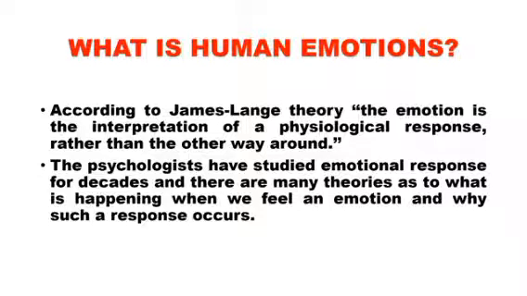According to James Lange theory, the emotion is the interpretation of a physiological response rather than the other way around. The psychologists have studied emotional response for decades, and there are many theories as to what is happening when we feel an emotion and why such a response occurs.